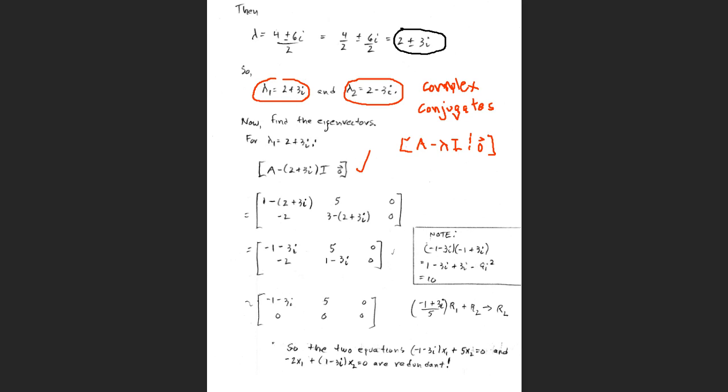It's only that my lambda is a complex number. We've not found eigenvectors where the eigenvalue is complex, but the idea is the same.